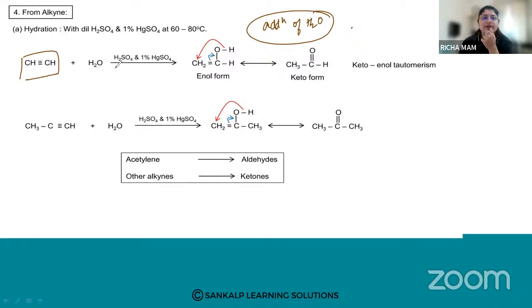And this is in the presence of HgSO4 and H2SO4. So in the presence of this HgSO4, that is mercuric sulfate, and in the presence of sulfuric acid, you can do the hydration.